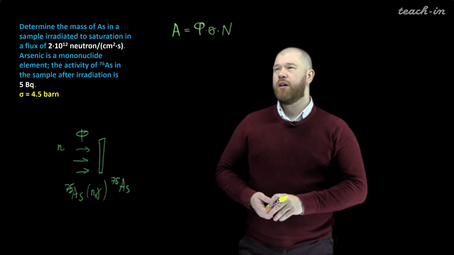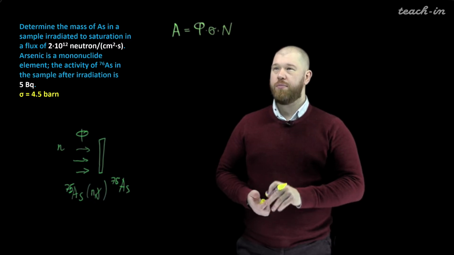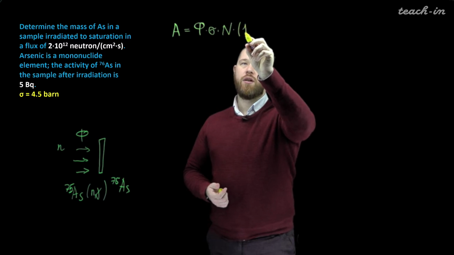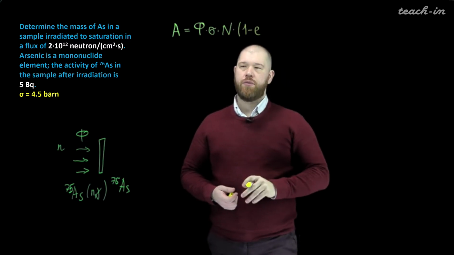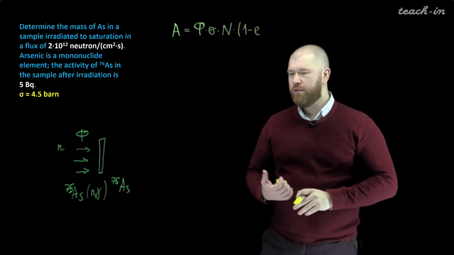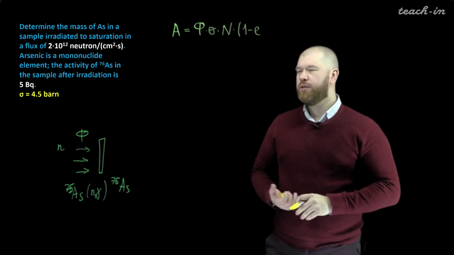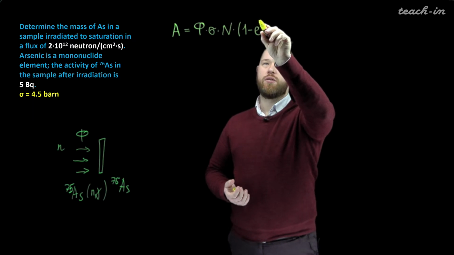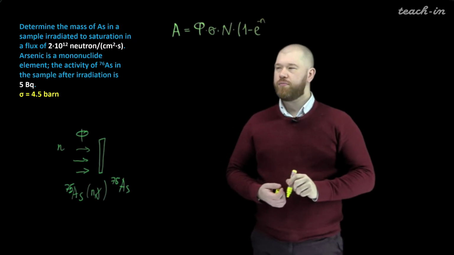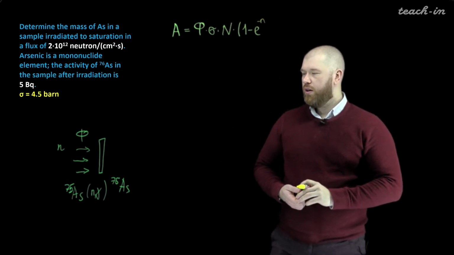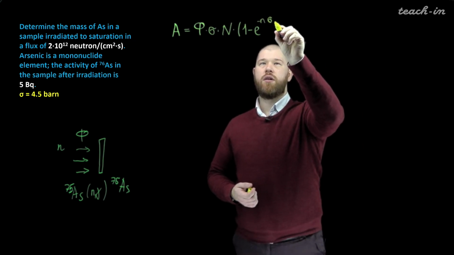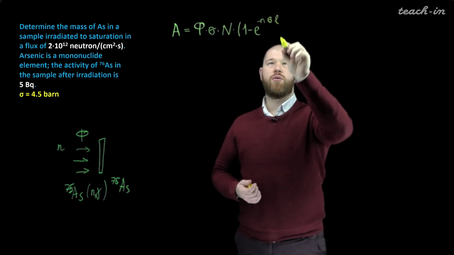And then there are two next parameters. One of them takes into account the density of atoms in the system, so it is minus n, also the probability, and the thickness of the target.